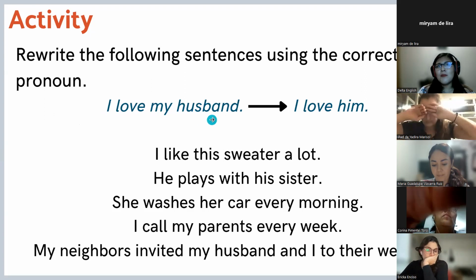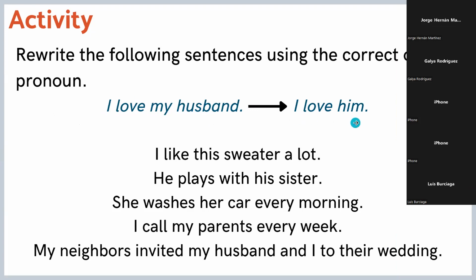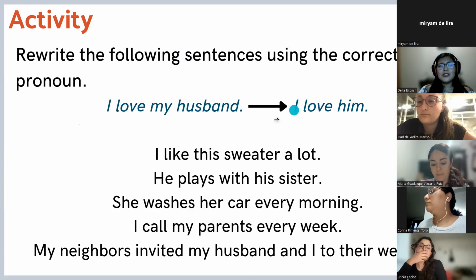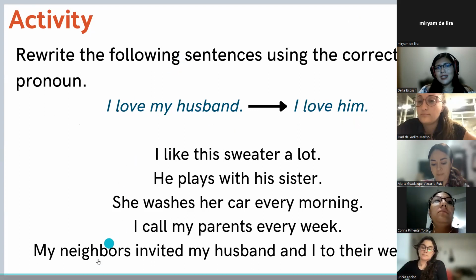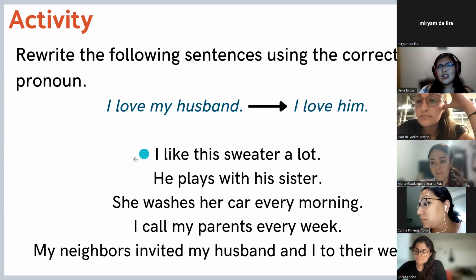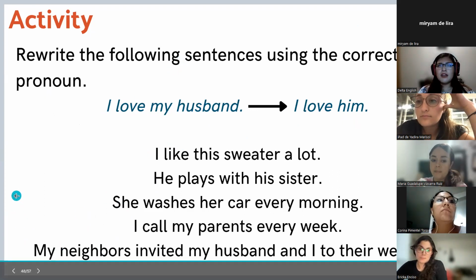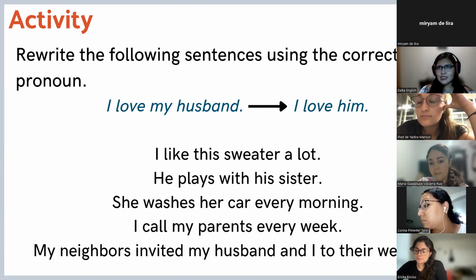I love my husband. Instead of saying I love my husband, I change it to I love him. I love him. So we're going to do exactly that for the following sentences. We have 5. So I'm going to change each of these sentences with whatever object pronoun applies.